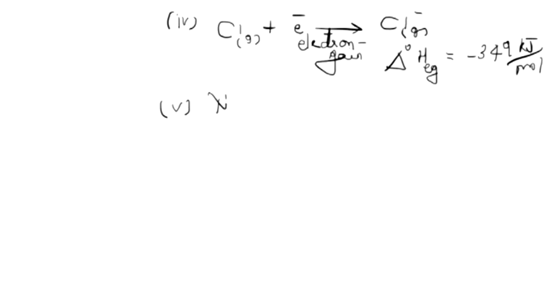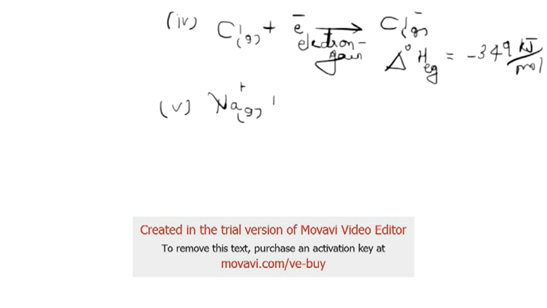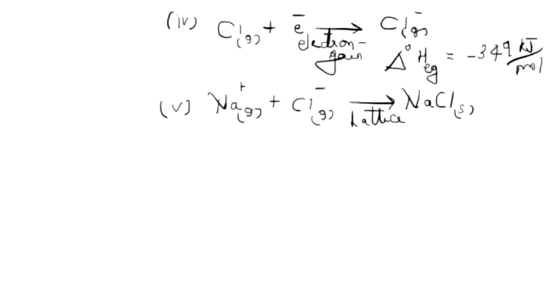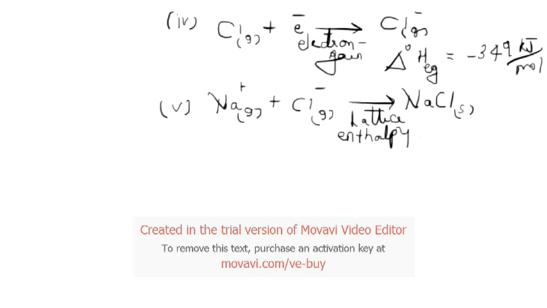After the chloride ion gets formed, what do we do here? We will have to think about the sodium ion and the chloride ion forming the ionic crystal, the NaCl. For this, the energy involved is called lattice enthalpy. This value is always exothermic, and it is always negative.